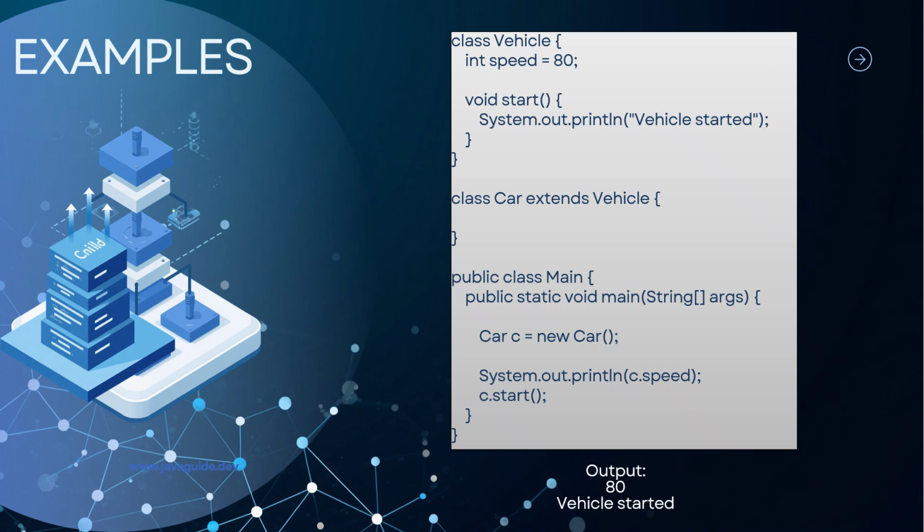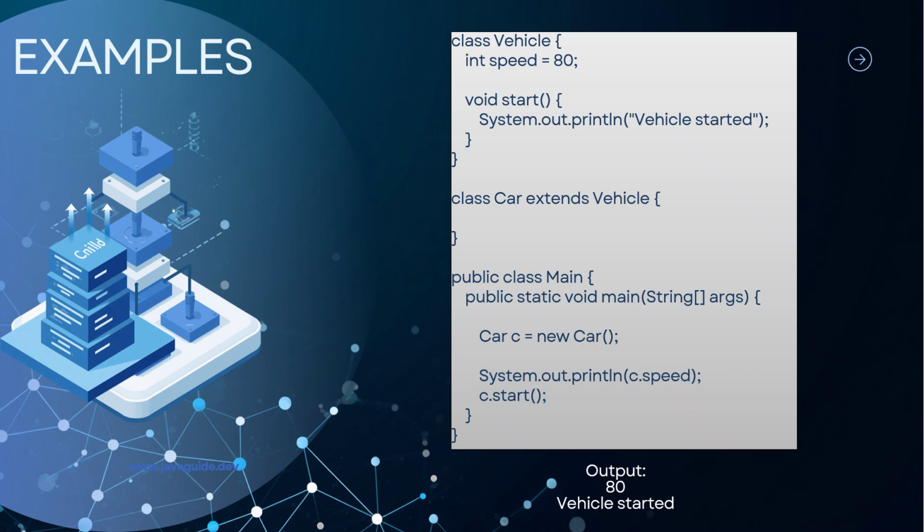Here, the extends keyword is very important because it is used to inherit the properties and methods from the parent class to the child class. That means the Car class can now access the variable speed and the method start from the Vehicle class.